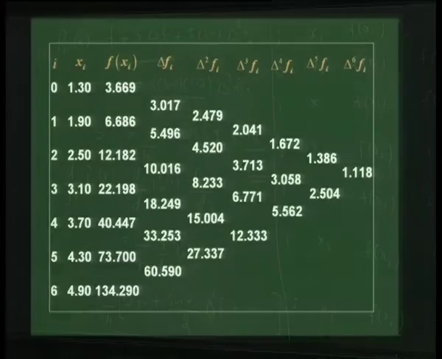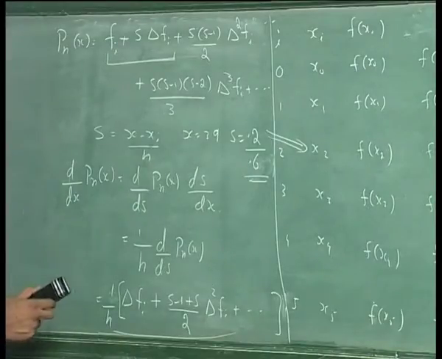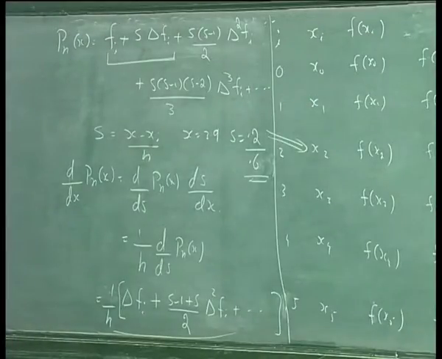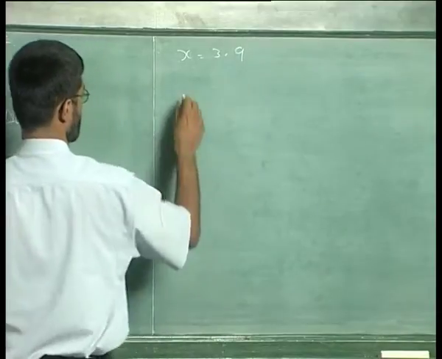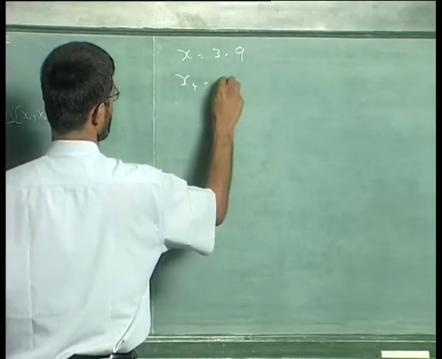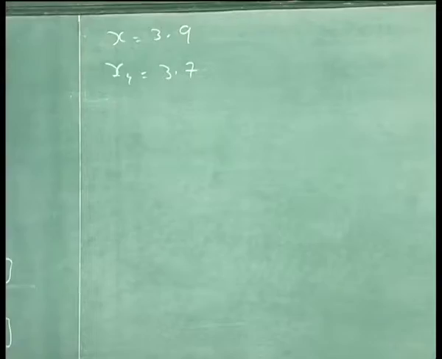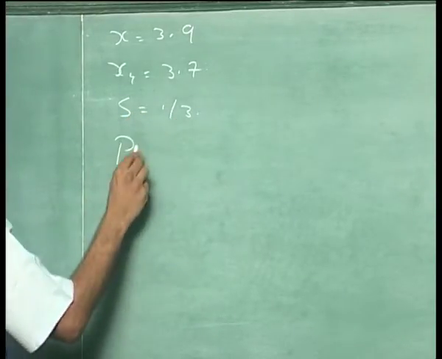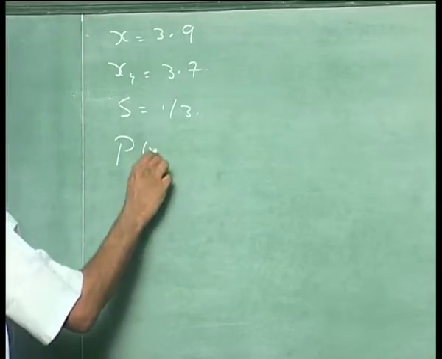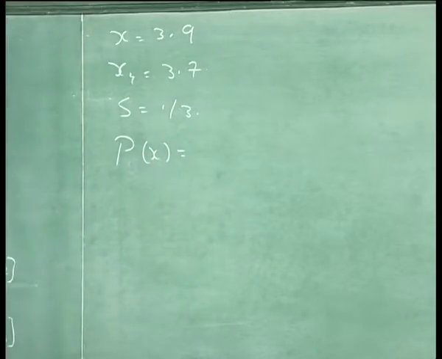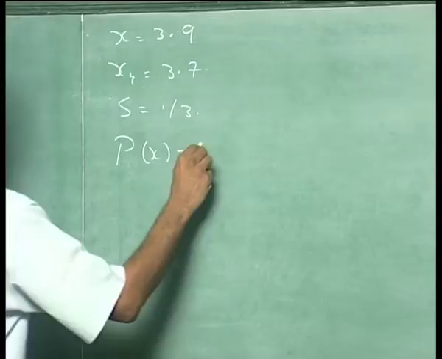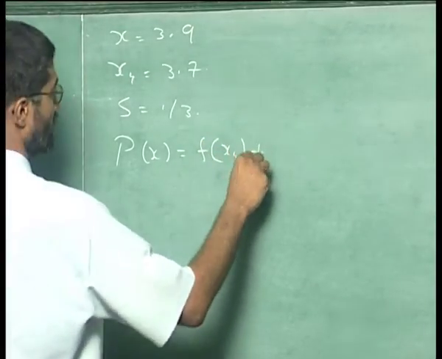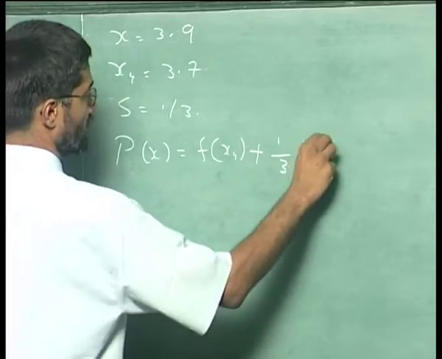Now we have x at 3.9, and we are entering at 4. So x4 is 3.7, s is 1 by 3, and the polynomial of order 1 would be f of x4 plus 1 by 3 into delta f4.